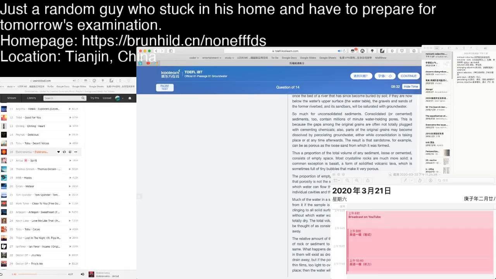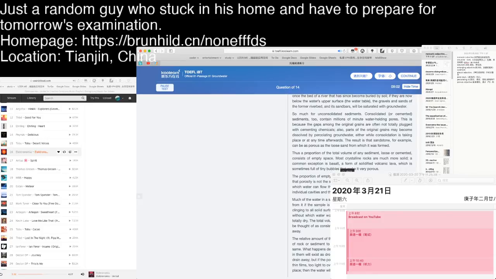I think it's the same thing related to porous, so the porosity. But note that porosity is not the same as permeability. What does that mean? Let's check on our Apple things, the Oxford Dictionary. Permeability.